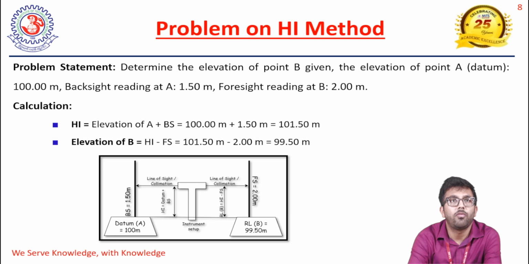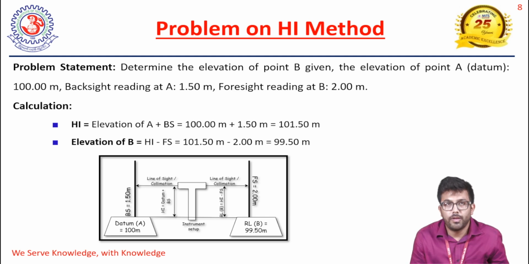Now we have to establish the elevation of point B with respect to point A using the height of instrument method, and the formula is the height of instrument minus the foresight reading taken at point B. So it is 99.5 meter. We see that point B is lower compared to point A. Point A is at a higher elevation as compared to point B.